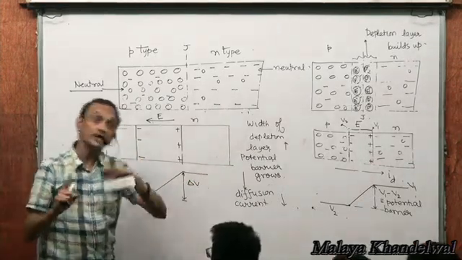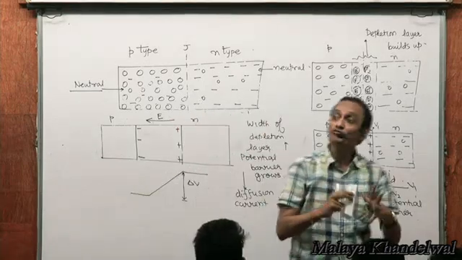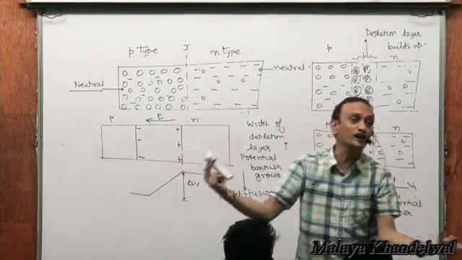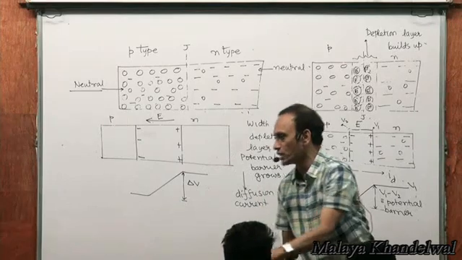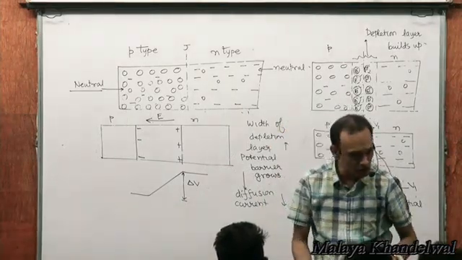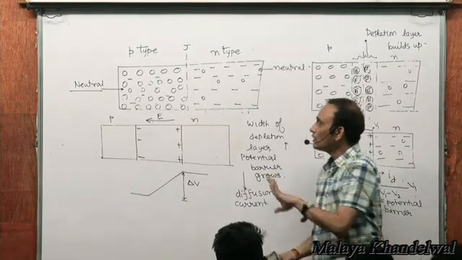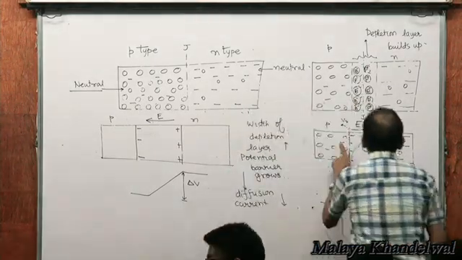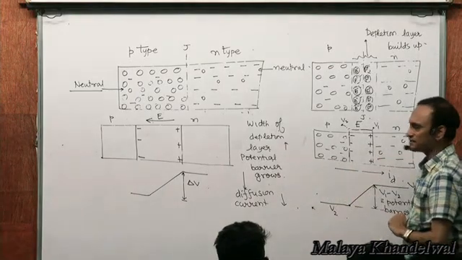Right? So that's as far as the flow of majority charge carriers. Majority charge carriers have been instrumental in producing diffusion current, right? However, look at these traces of minority charge carriers.